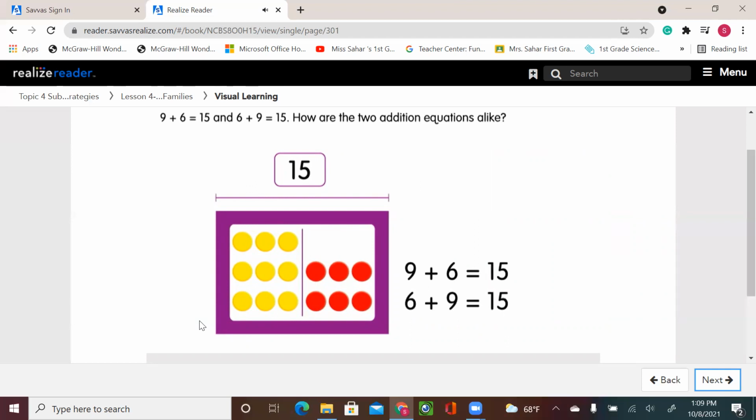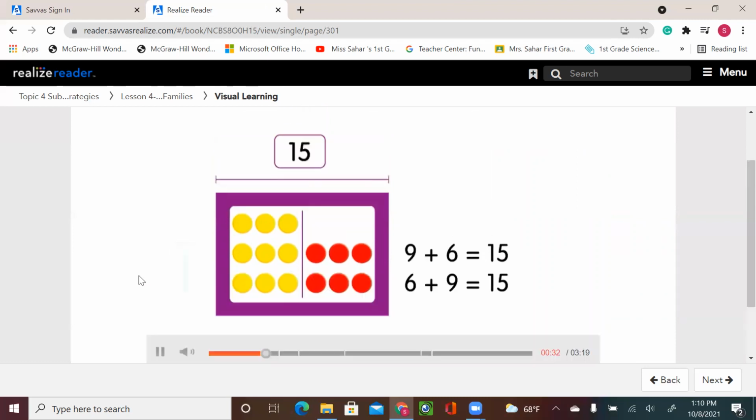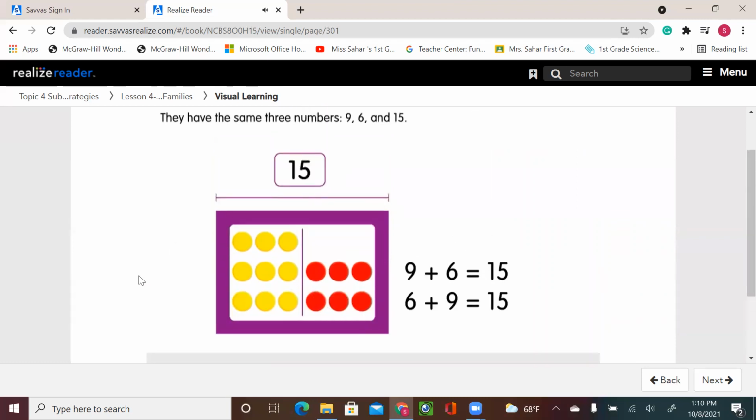How are the two addition equations alike? I'm using the same addends, but in different orders. So 9 and 6, or 6 and 9. So both are the same addends as I used before, only changing the order. They have the same three numbers, 9, 6, and 15.